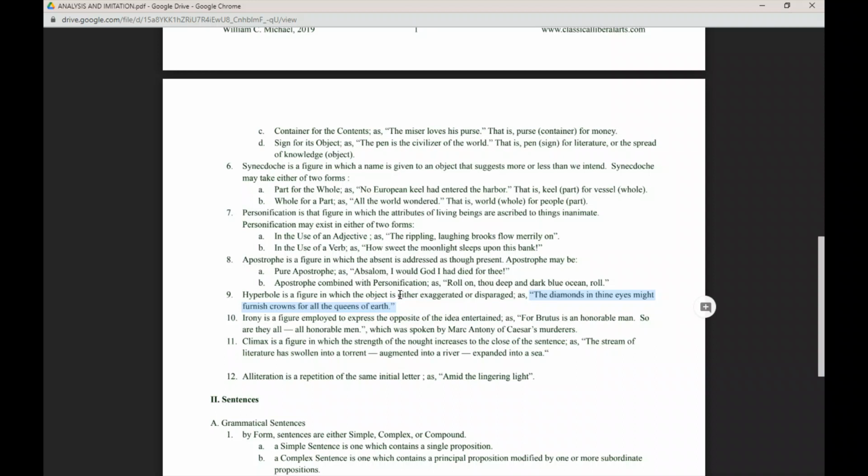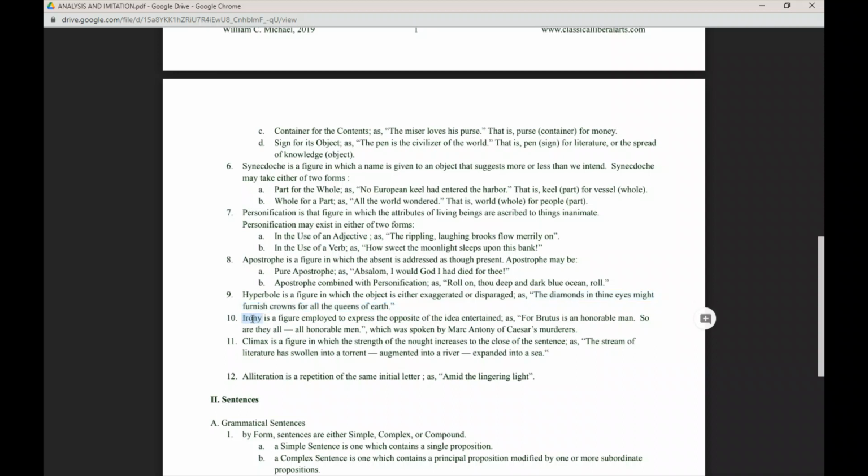In other words, your eyes are sparkling and are so beautiful that we could take the diamonds, the luster from your eye, and use it to adorn the crowns for queens. That's obviously an exaggeration. That's hyperbole. There are no actual diamonds in the woman's eyes. It's simply a figure of speech.